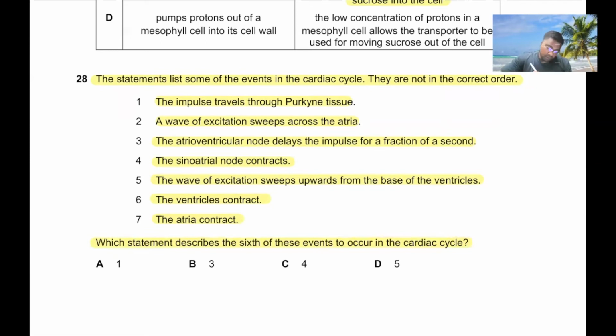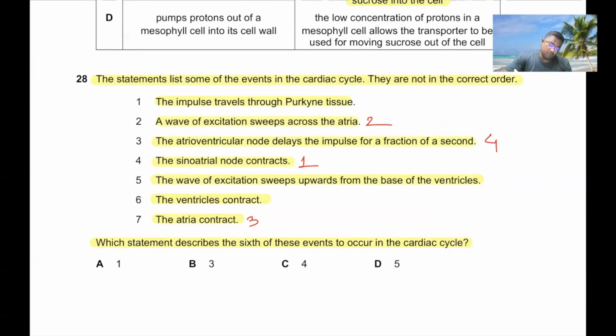Okay, so we can see the sinoatrial node contracts. This should be the first event. After the sinoatrial node contracts, the wave of excitation sweeps the atria. This should be the second event. The atria contract should be the third event. All right. The atrioventricular node delays the impulse for a fraction of a second.